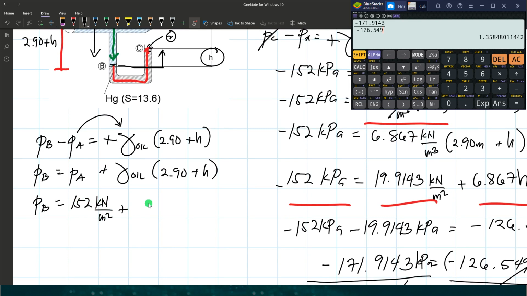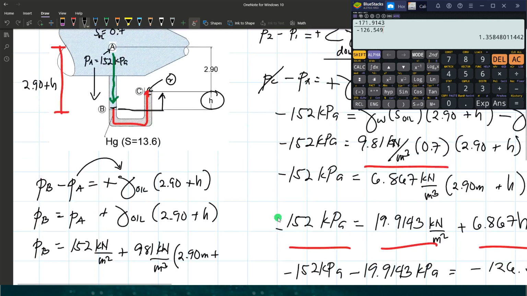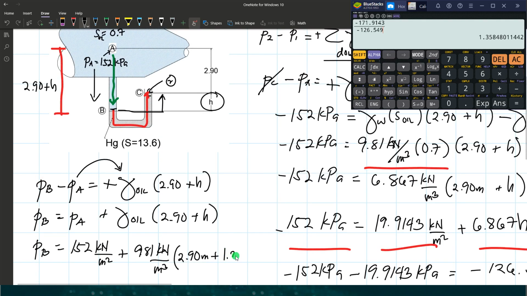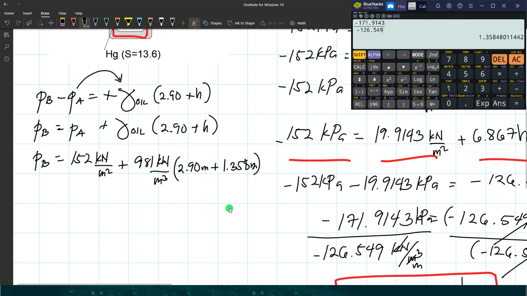Plus unit weight of oil, 9.81 kilonewtons per cubic meter multiplied by the total height 2.9 meters plus the computed H, 1.358 meters.